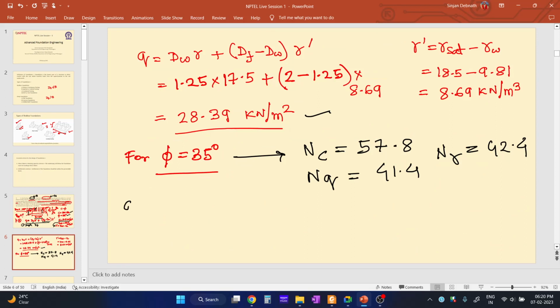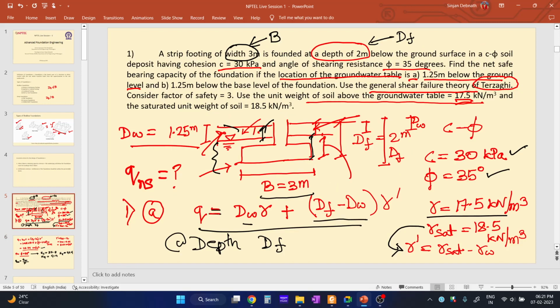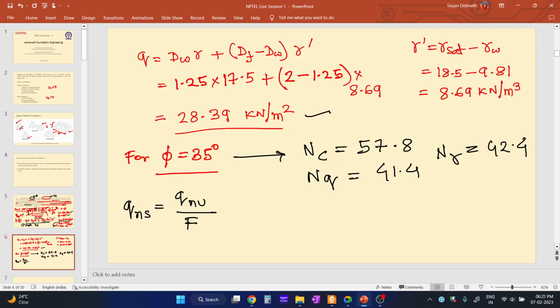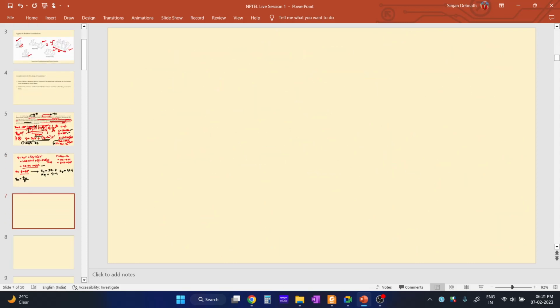What is qns? qns is the net ultimate bearing capacity divided by the factor of safety, which is 3. So first of all, we need to find out qnu.